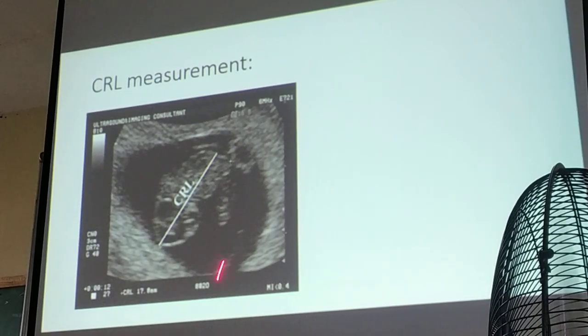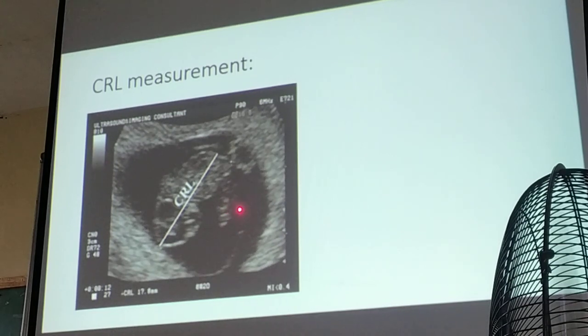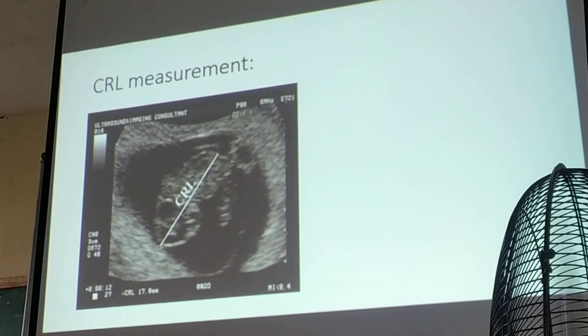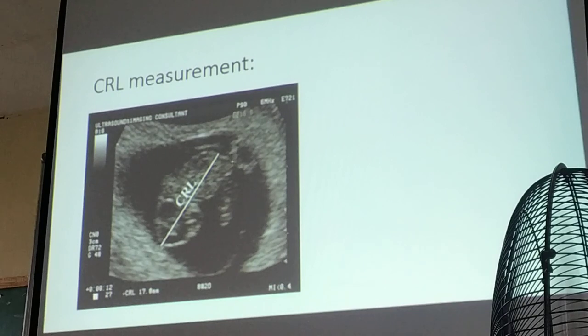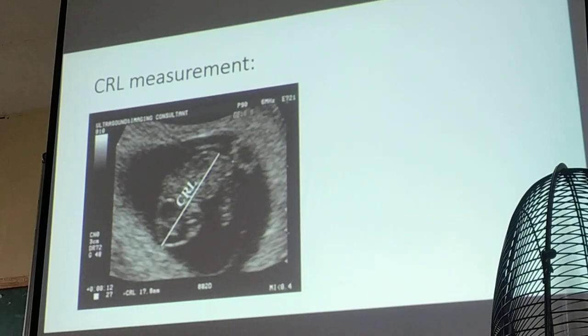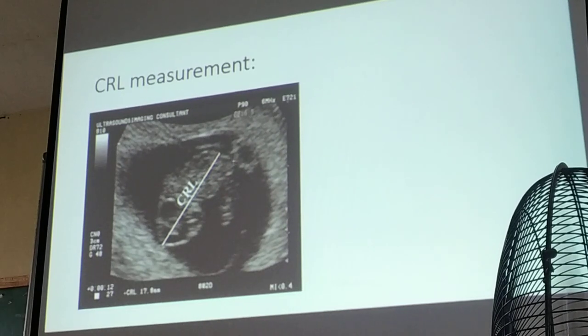So if I'm going to ask you that structure, study this. This is very important. That is the umbilical cord. This one, hanging. Okay? So if this is your CRL, this is your umbilical cord.